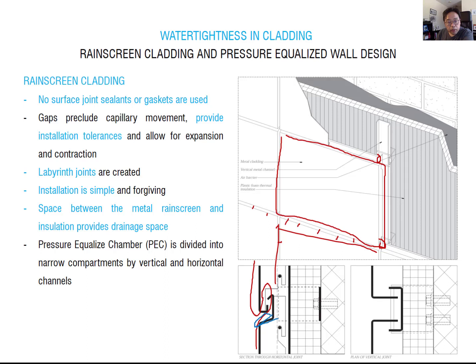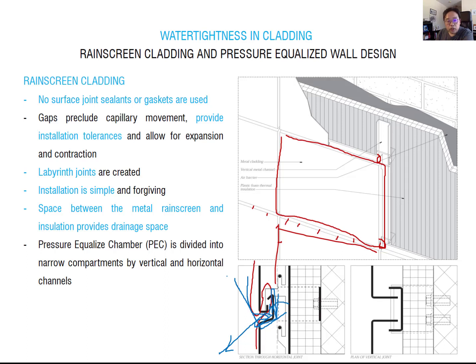The water coming in because of gravity, they keep the water out from here. And then also moment forces: the water touching it usually comes inside, but they make a small dam, which is a labyrinth joint. Water never comes into the space.